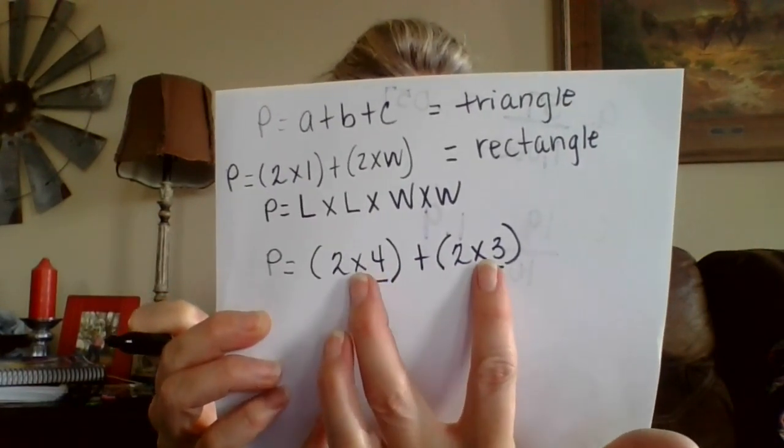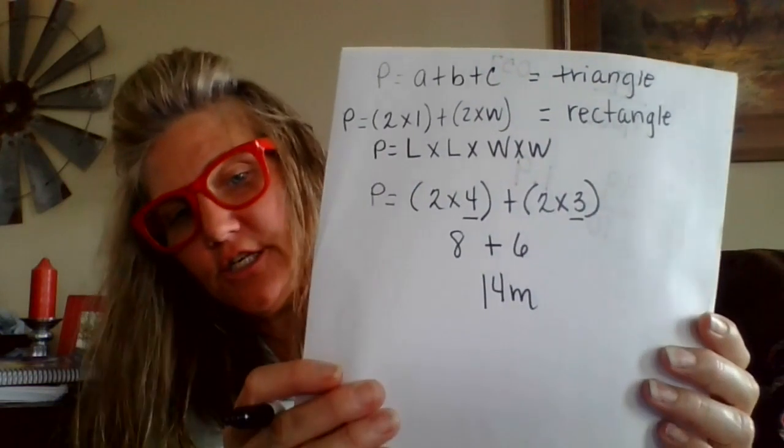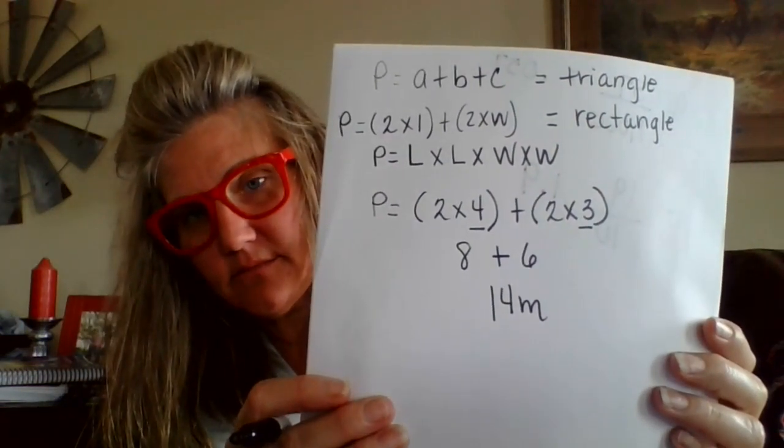Now I'm going to multiply what's inside my parentheses first before I add them. So 2 times 4 is 8, plus 2 times 3 is 6. So you get 14 meters. Don't forget your unit. So you're just plugging in the numbers. Use that formula, okay?